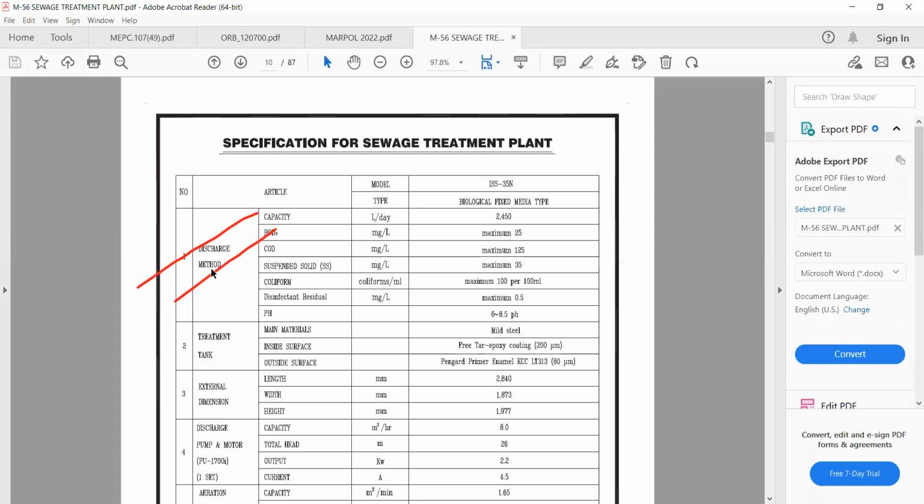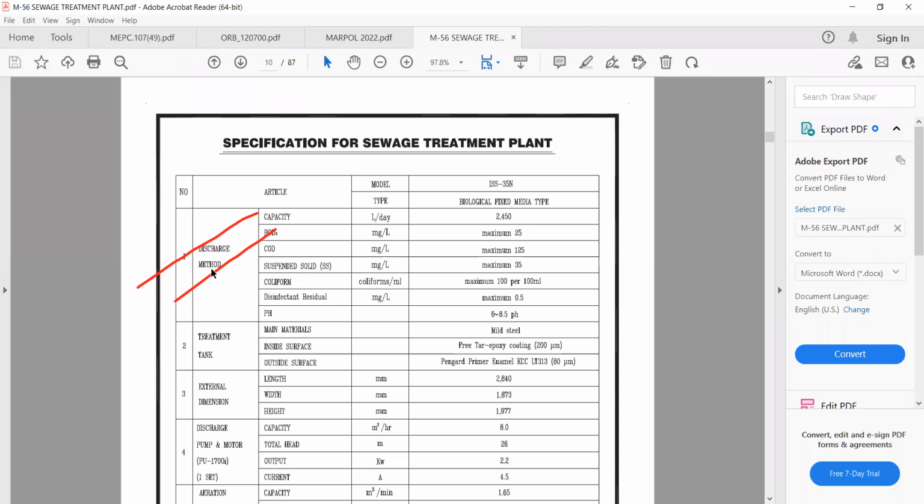Number 1, BOD is maximum 25, COD maximum 125, suspended solids maximum 35, coliform 100 per 100 milliliter, and disinfection residual means chlorine, your residual chlorine 0.5 milligram per liter, pH 6 to 8.5.